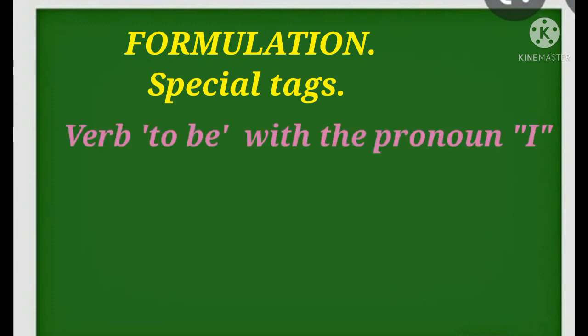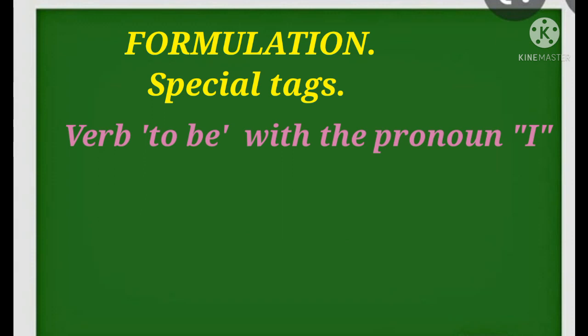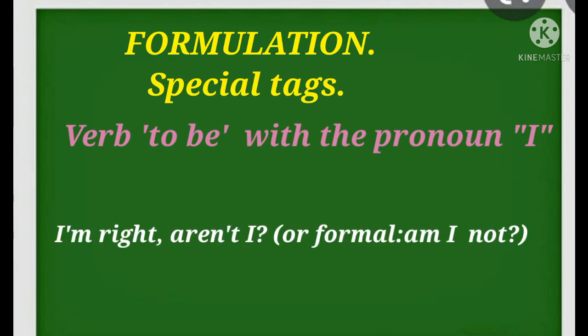And the final special tag you need to be aware of is the tag that we use with the verb to be, with the pronoun I. When the sentence is positive, because the verb I'm doesn't have a negative contraction, we use aren't I. I am right, aren't I?